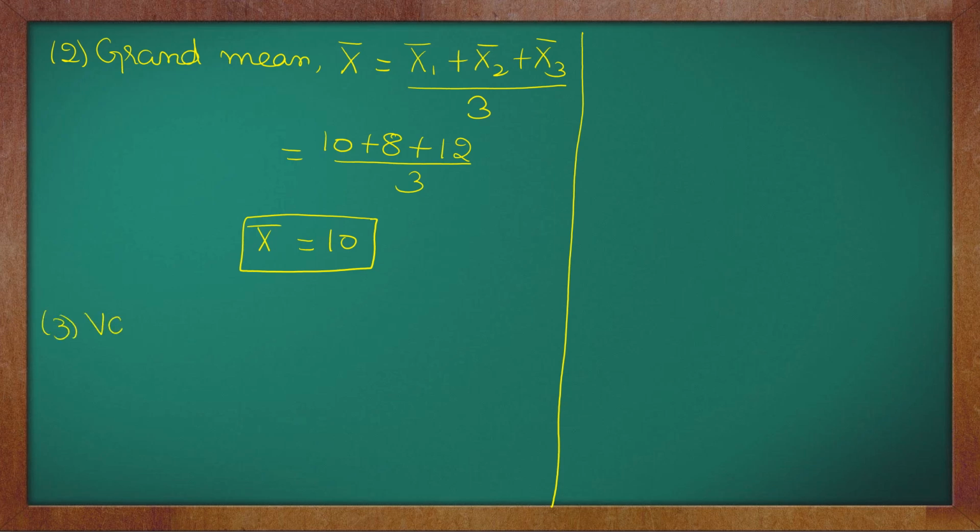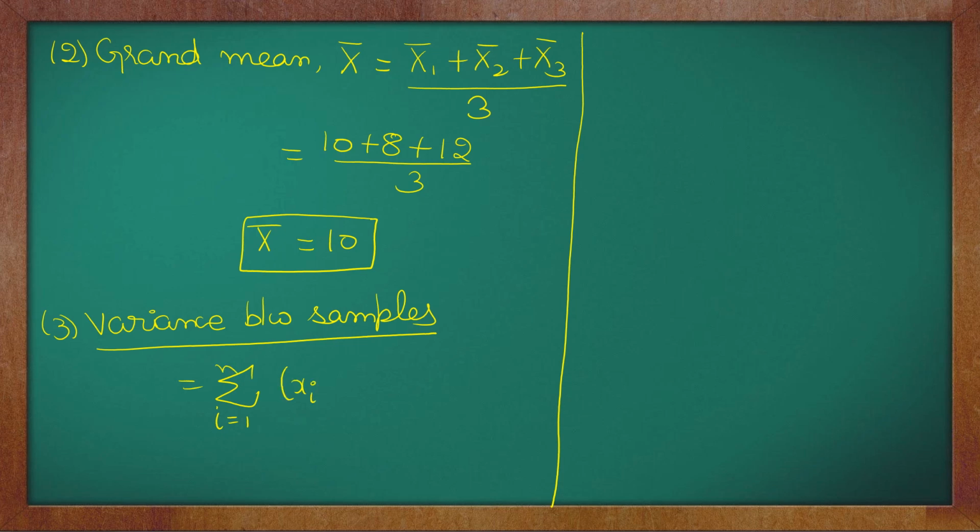Now the third step, guys: we will calculate the variance between samples, between these sample values. How to calculate it? It's the sum over i equals 1 to 3 of (xi bar minus x bar) whole square.